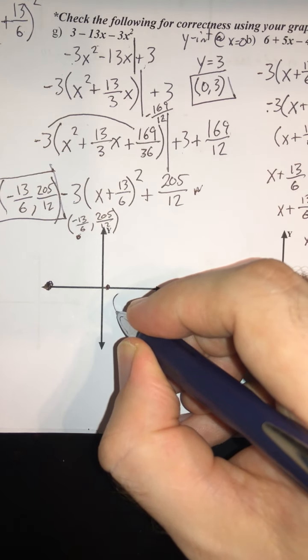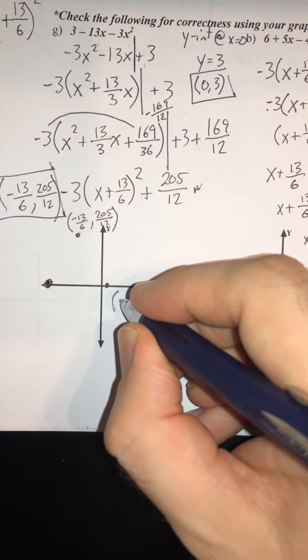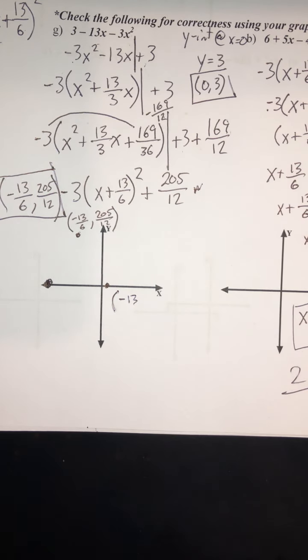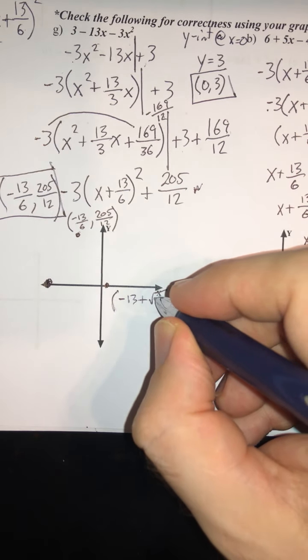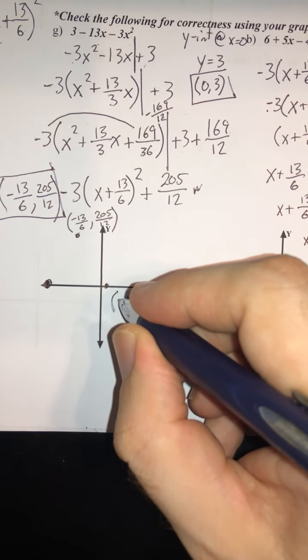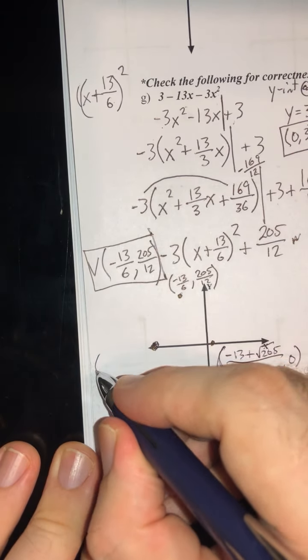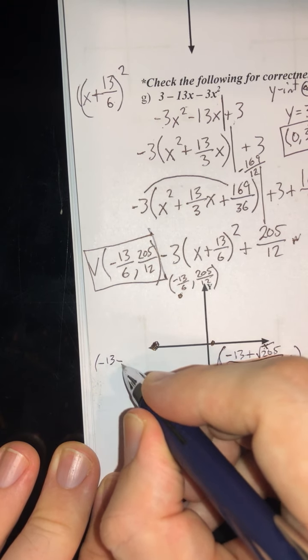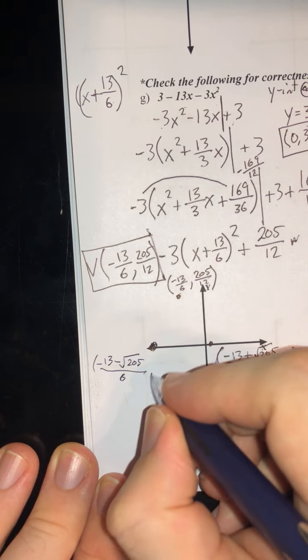So this one is going to be my negative 13 plus root 205 over 6 point. And this one over here is going to be the negative. So negative 13 minus root 205 over 6, 0.